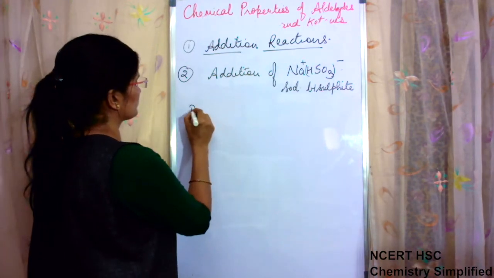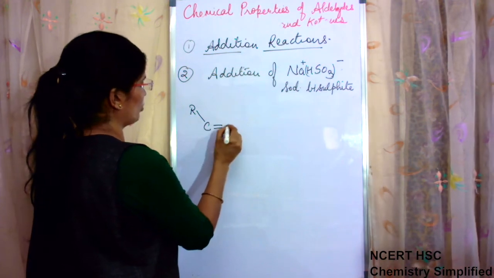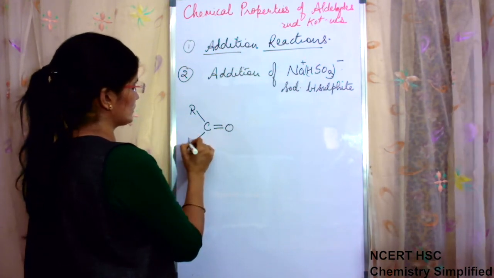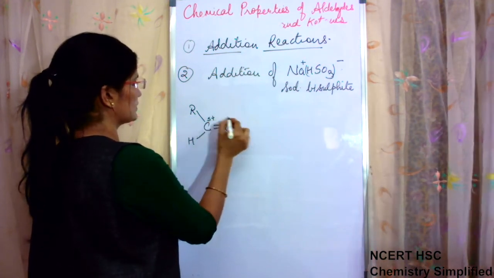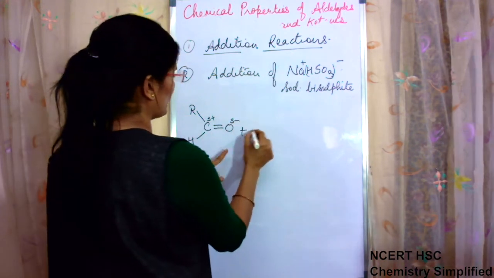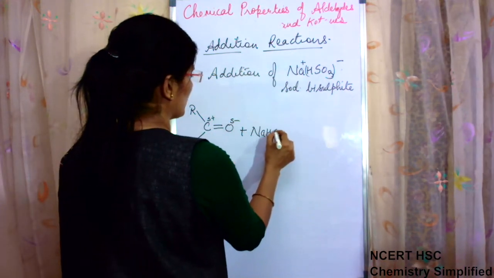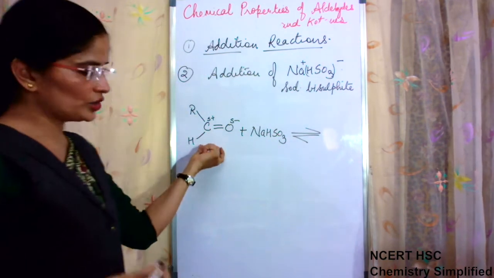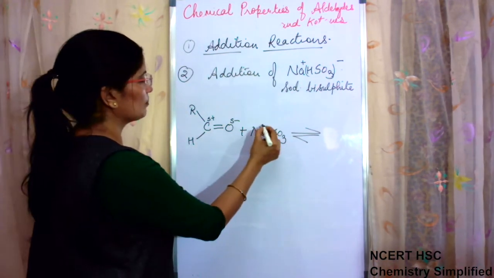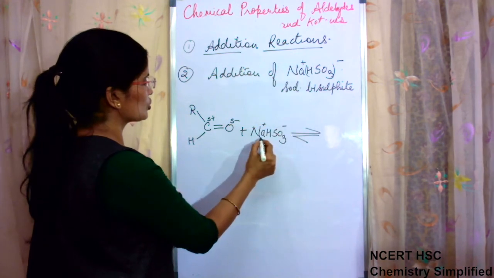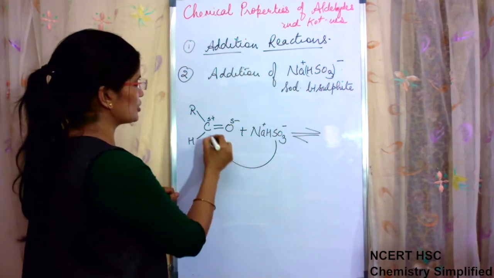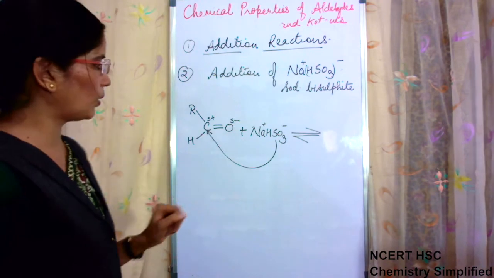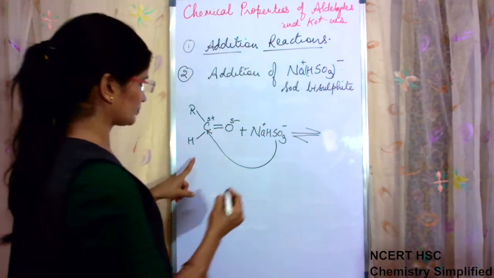Now again, C double bond O, the ionization of this will be positive, negative. Now when NaHSO3 attacks on aldehyde or ketone, then positive, negative. So HSO3 is going to attack on carbon.